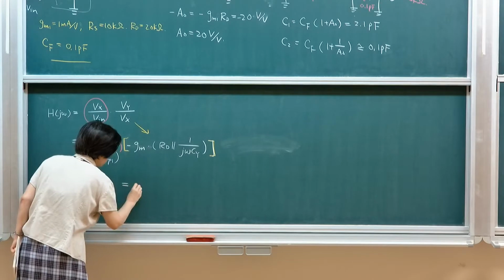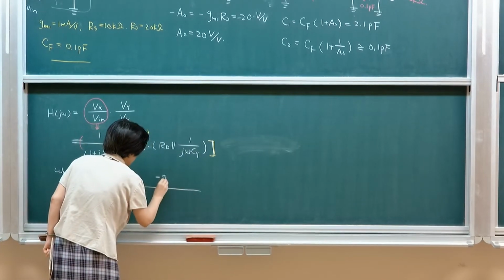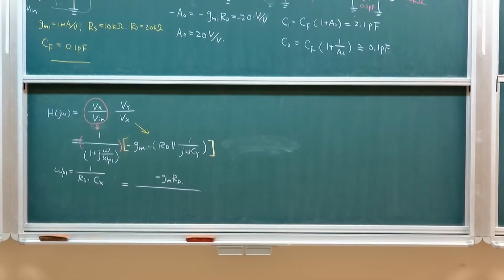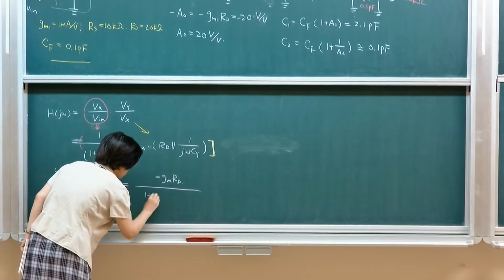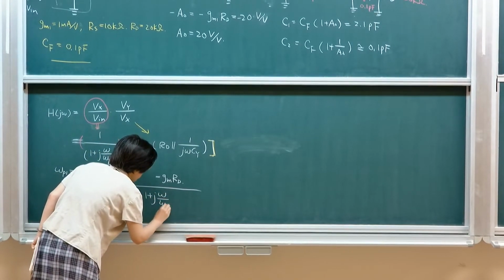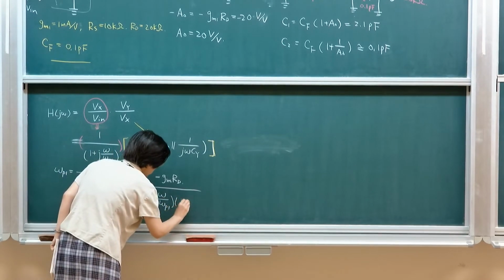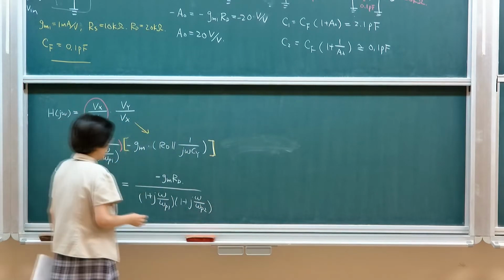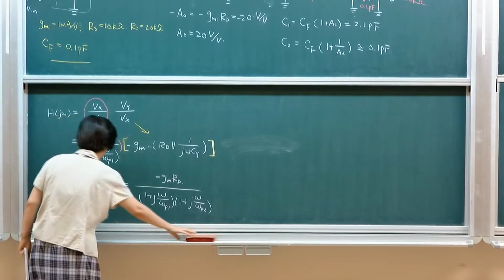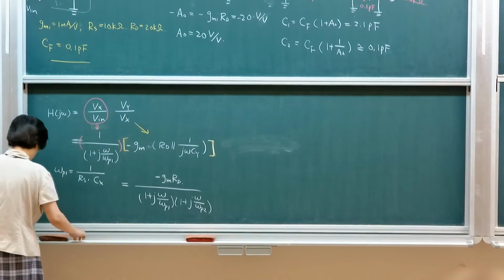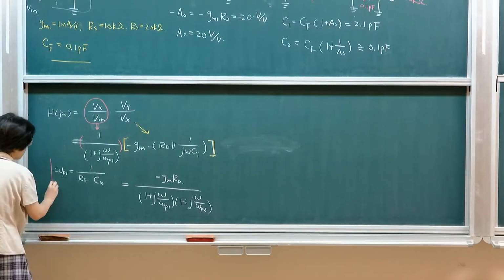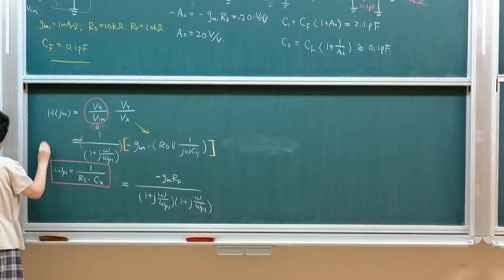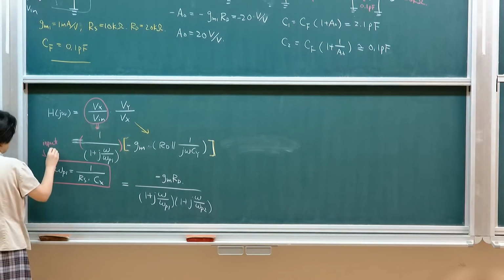So the overall transfer function will be minus A0, which is the low frequency gain, and then you need to consider the effect of two poles: 1 plus j omega over omega p1, times 1 plus j omega over omega p2. Here, omega p1 is determined by Cx, which is the input terminal, so typically referred to as the input pole.